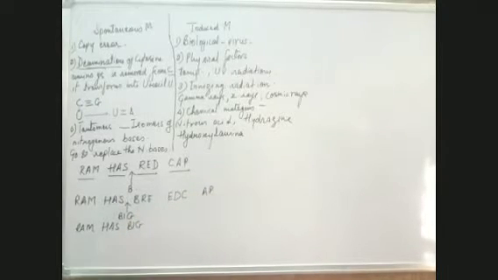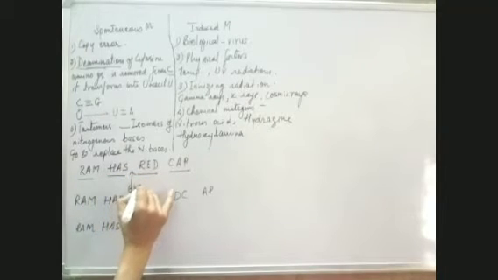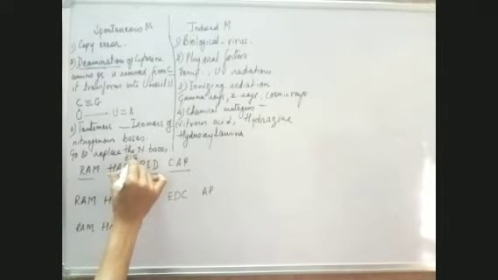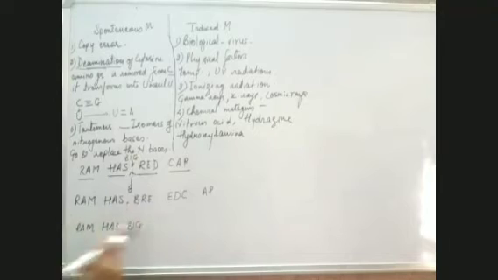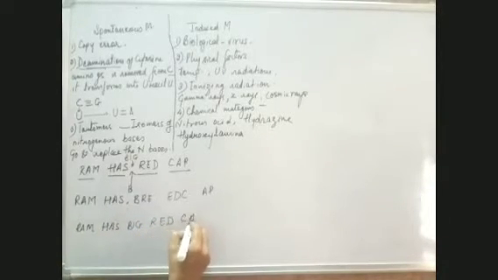If big is inserted here, then it will change to Ram has big red cap. So see, the entire sequence changes because of mutation. So this is another thing which is going to happen.